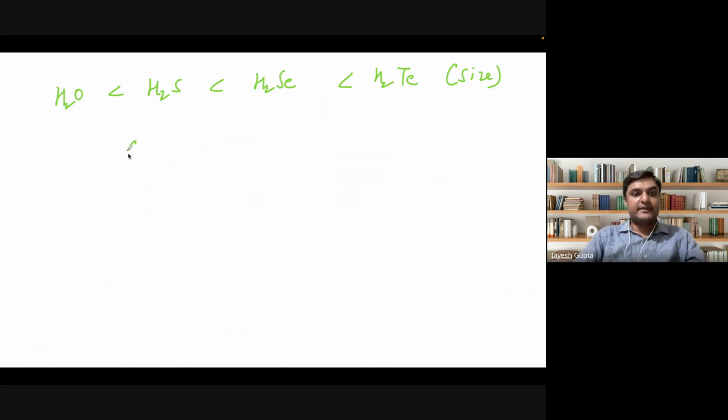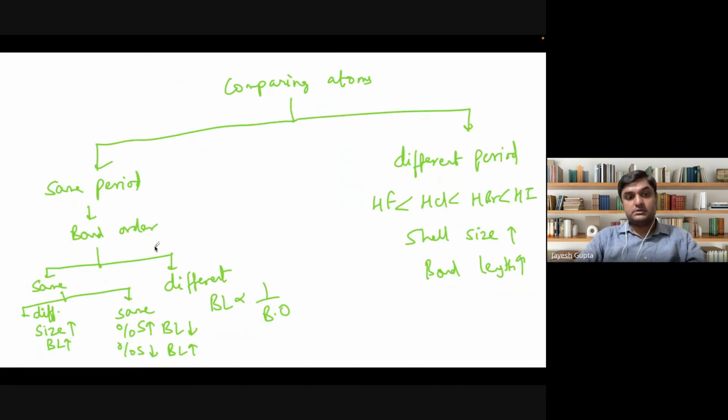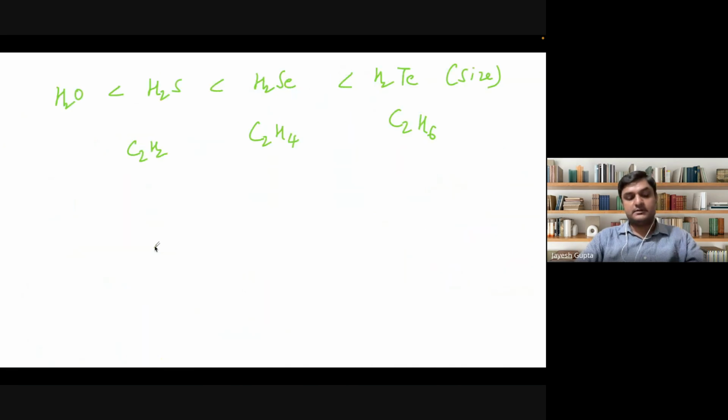So next example I have taken C2H2, C2H4, C2H6. Now same period, but if I make its structure, it will be like this one: HC triple bond CH, C double bond C, hydrogen here, hydrogen here.